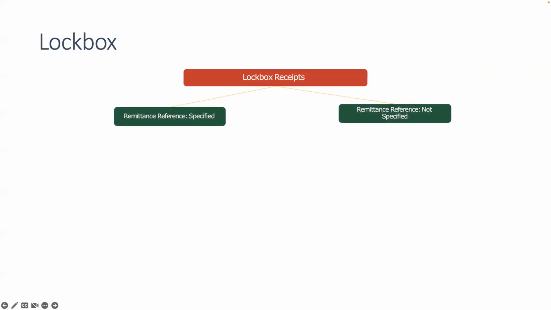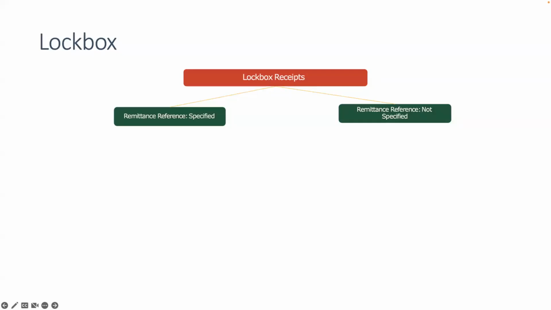So the first thing is you want to check to see whether a remittance reference is specified. But even before that, the auto apply option needs to be enabled in your receivables options, and your auto match rule set will need to be created, and you need to specify how you want to do your auto matching.